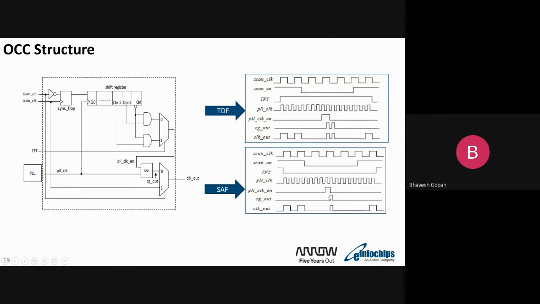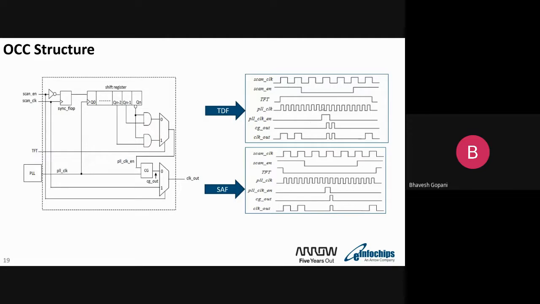But in transition, what happens, I need to check a specific fault at speed. When I'm saying at speed, I need to have both the launch pulse and capture pulse at speed.